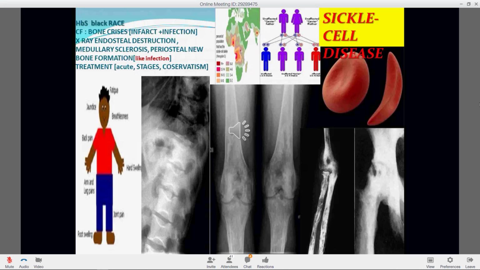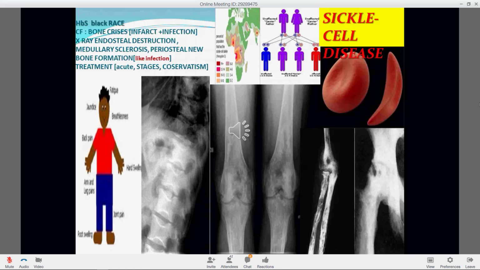Clumping of the sickle-shaped cells causes diminished capillary flow and repeated episodes of pain, bone crisis, or the more severe ischemic necrosis. Almost any bone may be involved, and there is a tendency for infection to occur in the bone, sometimes with unusual microorganisms like salmonella.